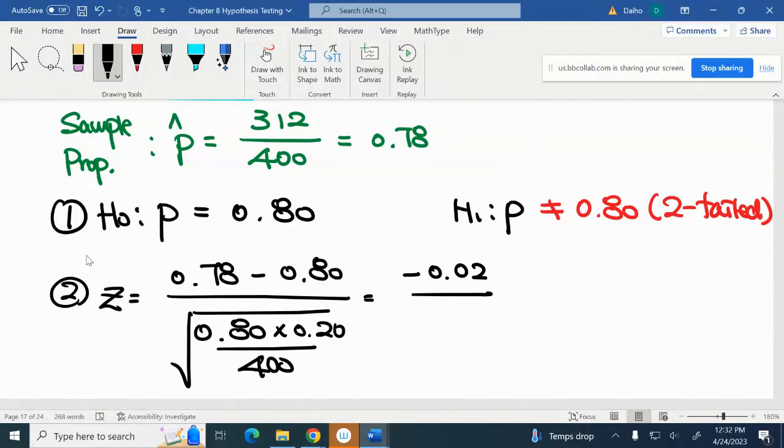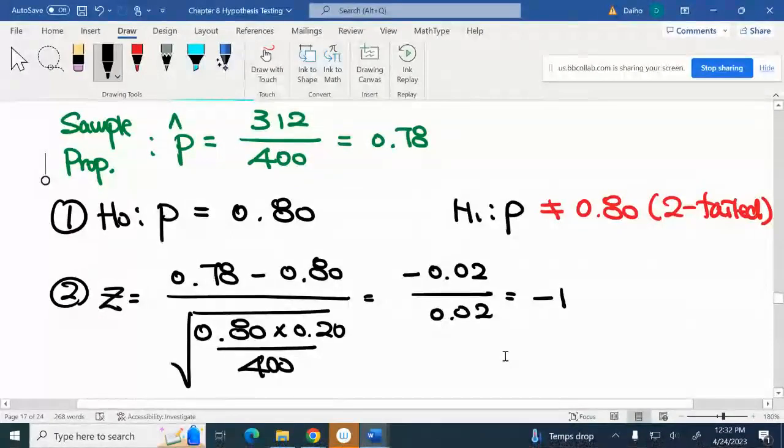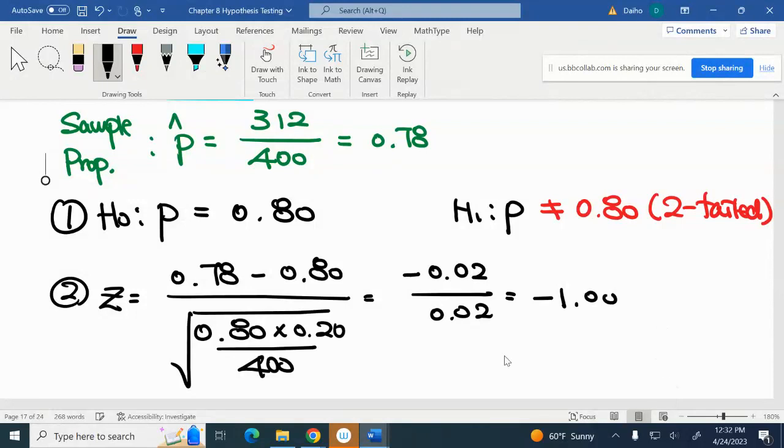Let me take the square root of 0.8, 0.2, over 400. 0.02. Oh, it's very simple. Negative 1. But the z-score always needs 2 decimal places, so I have to say negative 1.00.